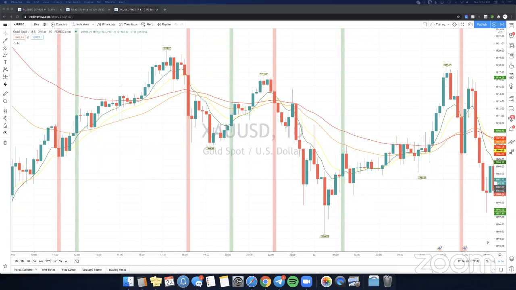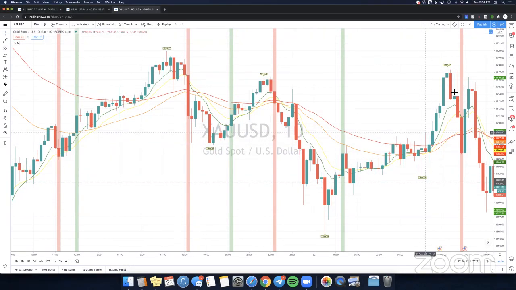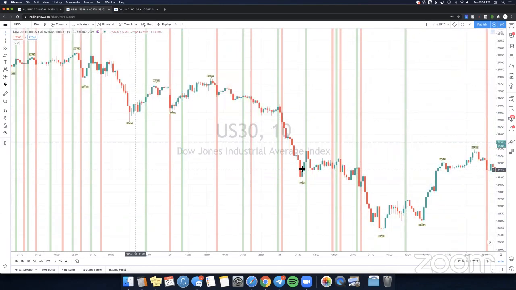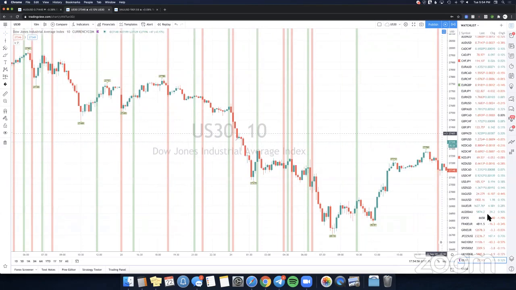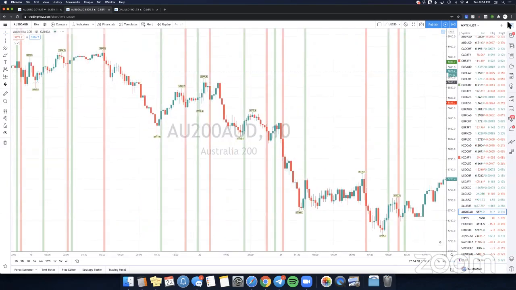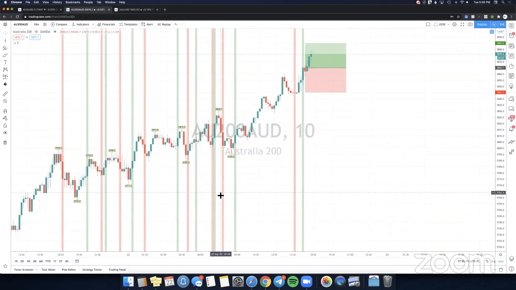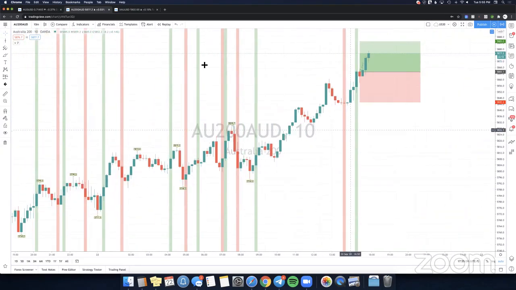See, James said, when does AU 200 move? Can we use the US 30 strategy? So here's the thing. You could probably use it, but I personally haven't tested it, so I can't give you a definite answer. But let's take a look real quick. The AU 200, technically it would move when the market opens.